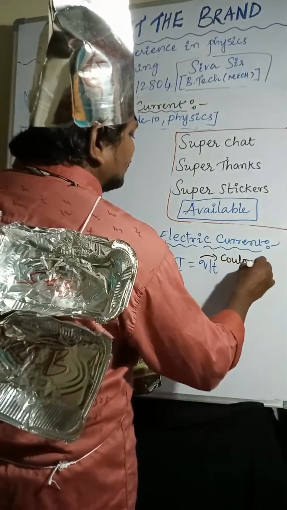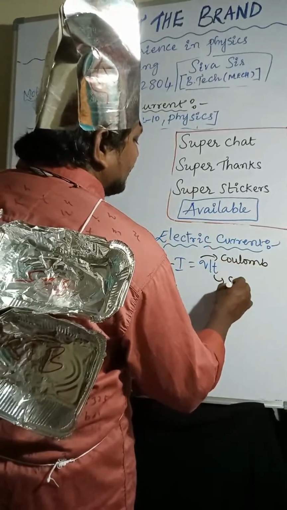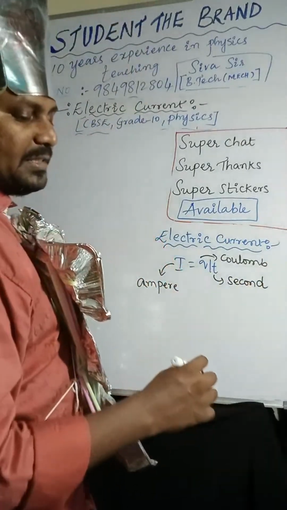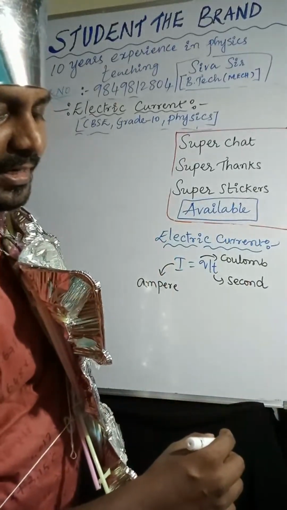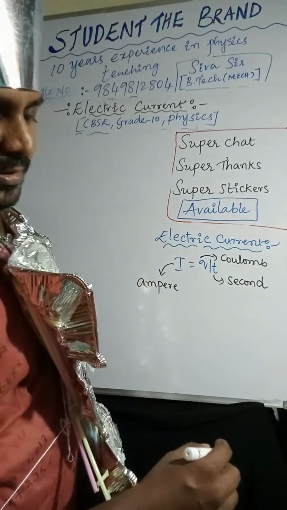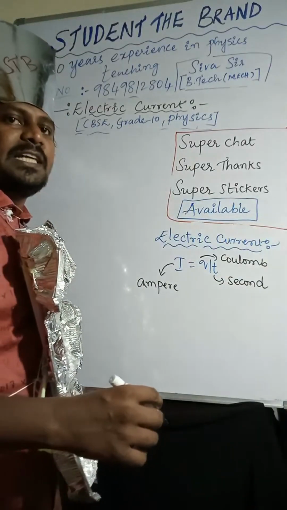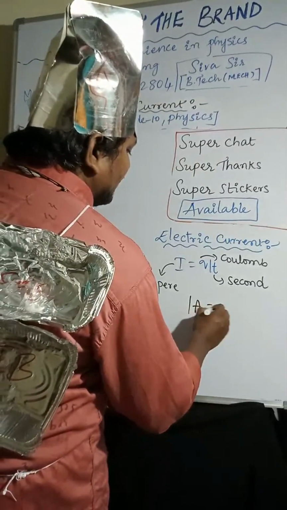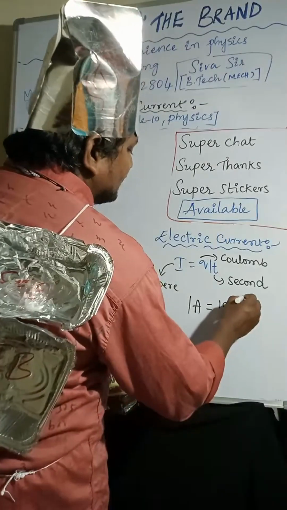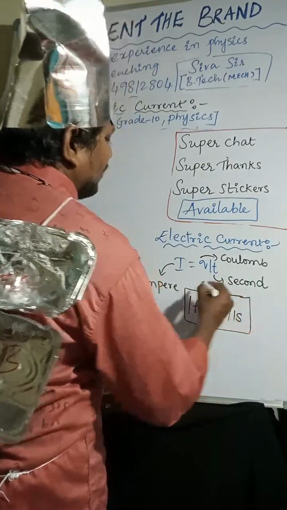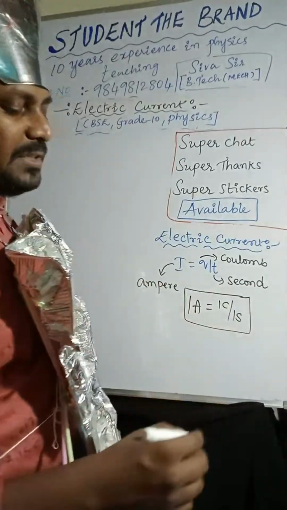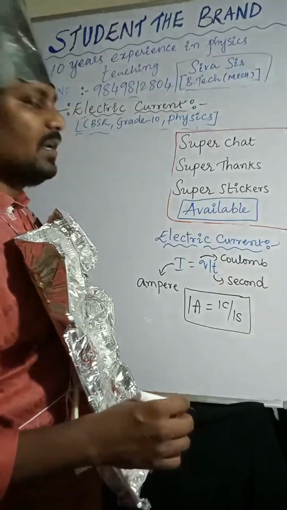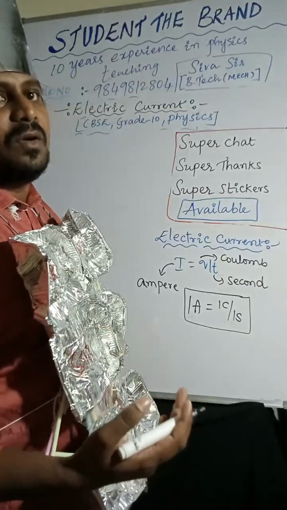The SI unit of time is second. So 1 ampere is defined as 1 coulomb of charge flowing through unit cross section area per second, that is, 1 coulomb per 1 second.